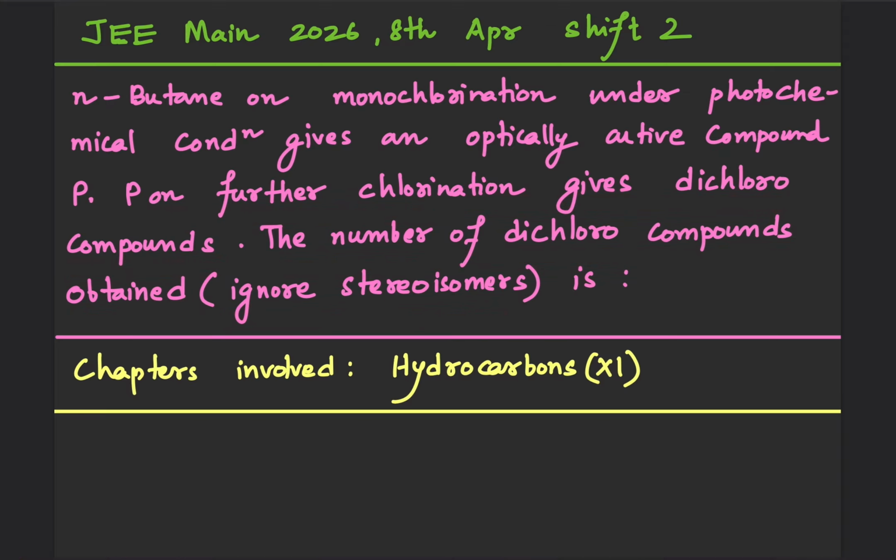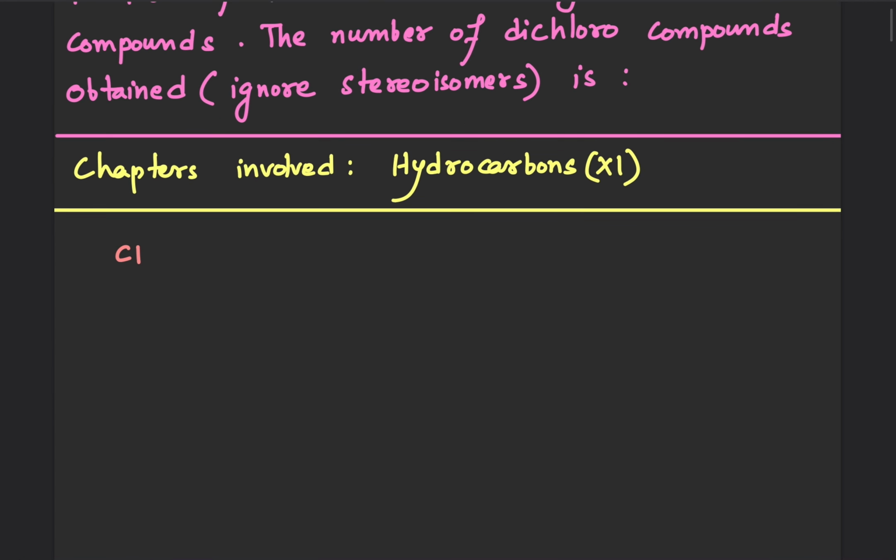Okay. So the chapter involved is hydrocarbons. So n-butane, we know, is CH3, CH2, CH2, CH3, right? Monochlorination is the substitution or replacement of a single hydrogen atom in an alkane with a chlorine atom. Okay, so I will write that down.